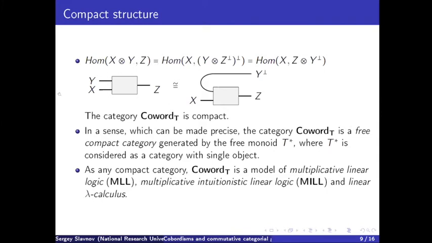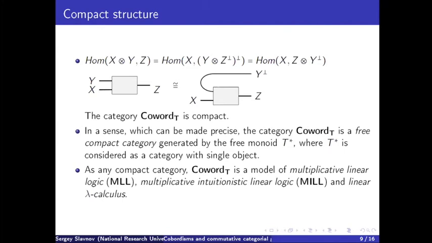And in a sense which can be made precise, this is in fact a free compact category generated by a free monoid, where the monoid is considered as a category with a single object. It is not seen in the slide. And as any compact category, it is a degenerate model of multiplicative linear logic, of multiplicative intuitionistic linear logic, and of linear lambda calculus.